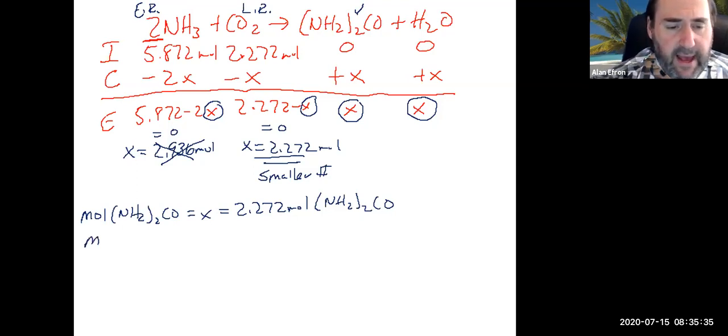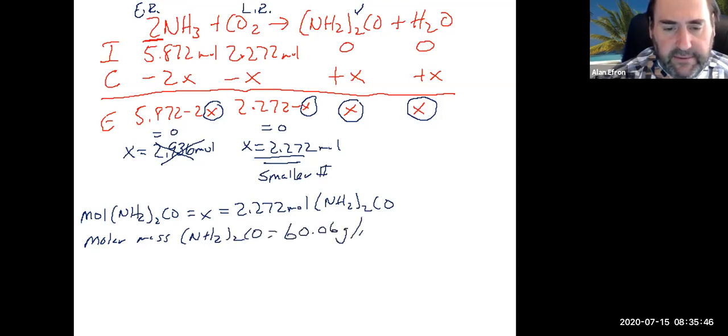So the molar mass of this guy here from the periodic table is something like 60.06 grams per mole. So to finish up this part of the calculation, we're going to take 2.272 moles of our product.